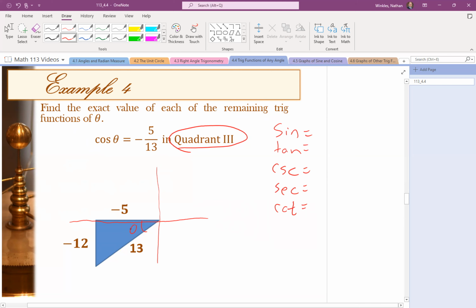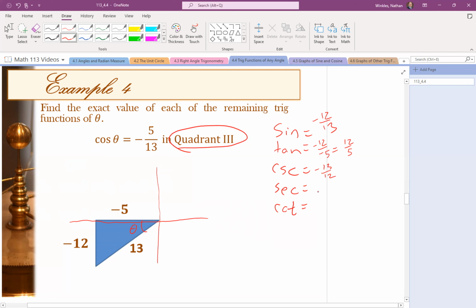So here is my theta. Sine of theta is going to be negative 12 over 13. Tangent is going to be negative 12 over negative 5, which is 12 over 5. Cosecant is 1 over sine, so negative 13 over 12.